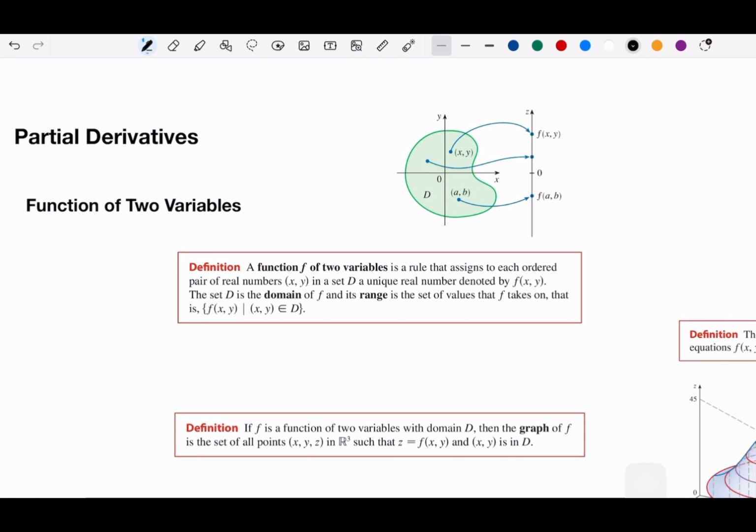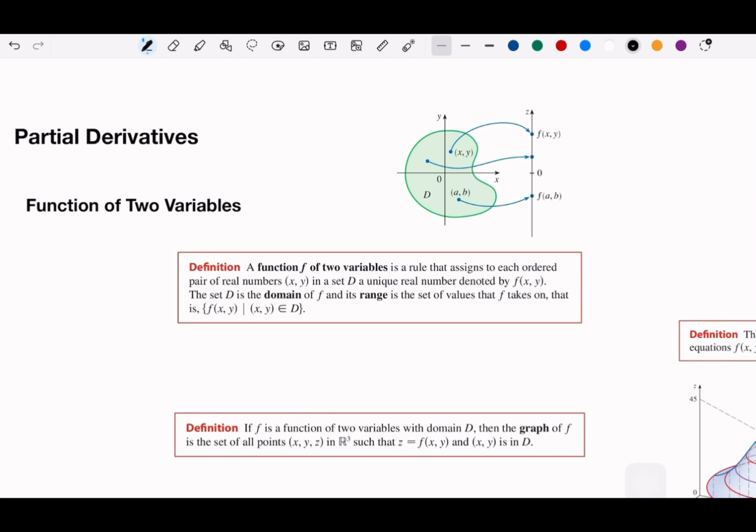So we could think of this x, y as paired variables. Usually in Calculus 1, we have x as a variable and then y is our function. But now the function will be made up of two variables that are both independent variables.